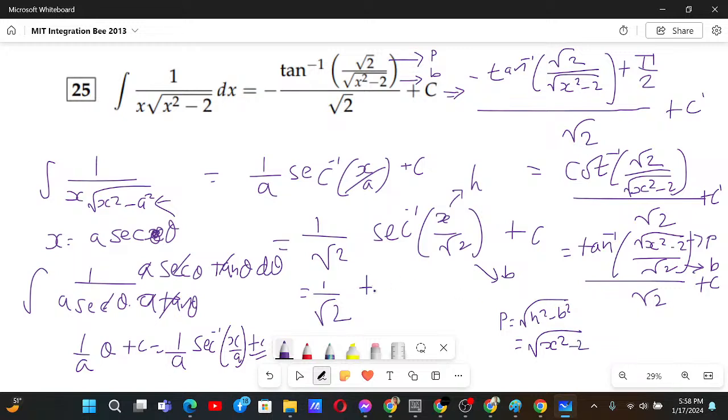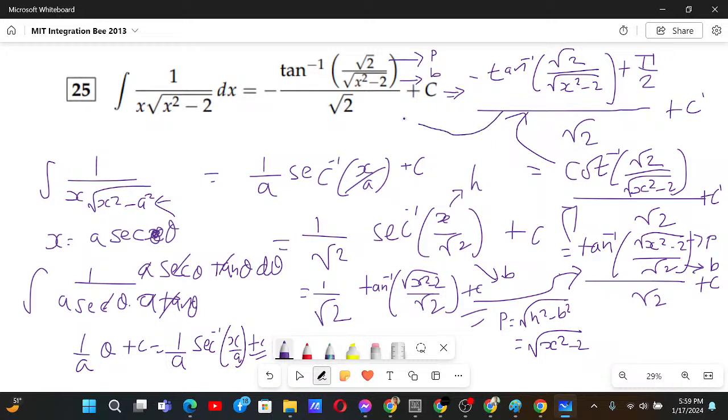So we will have tan inverse, and in tan we should have P by B. P is root under x square minus 2, B is root 2, plus c. So you see, we got the same answer. Yeah, so this is the same as this one, and the original answer.